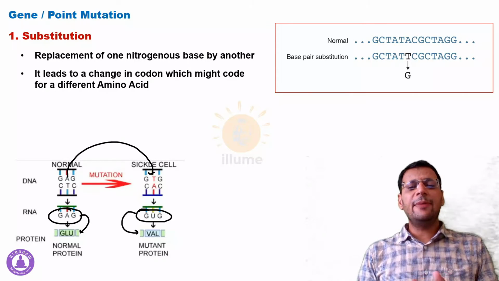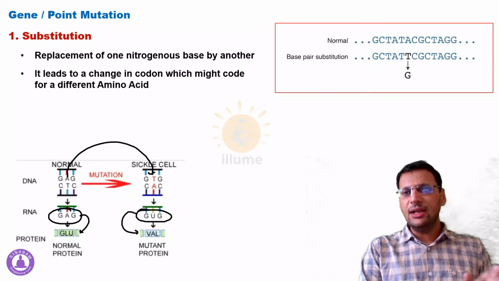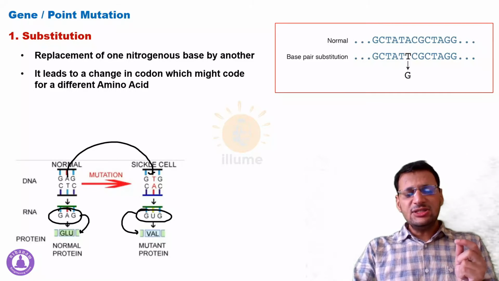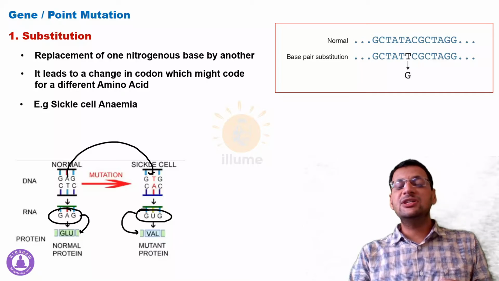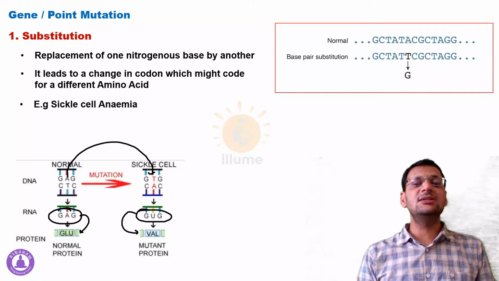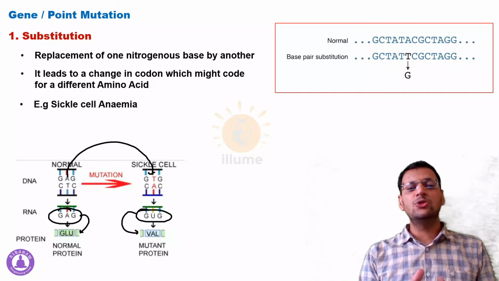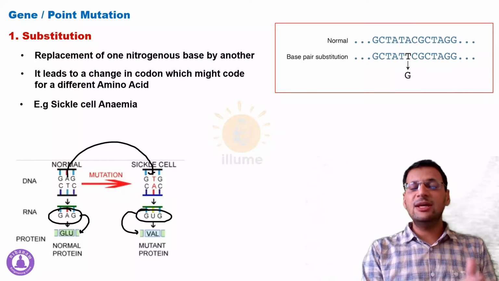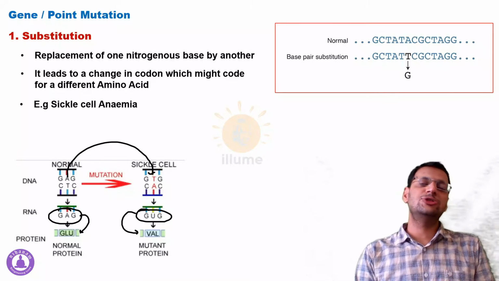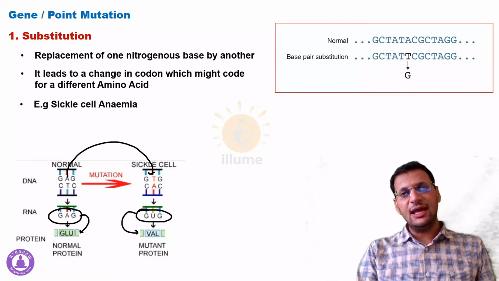Now this protein might not work normally as it was doing in the normal case, and this is the classical example of sickle cell anemia. This is what actually happens in sickle cell anemia. There is substitution of thymine in place of adenine, which leads to valine in place of glutamine at the 6th position of its polypeptide chain, leading to sickle cell anemia.